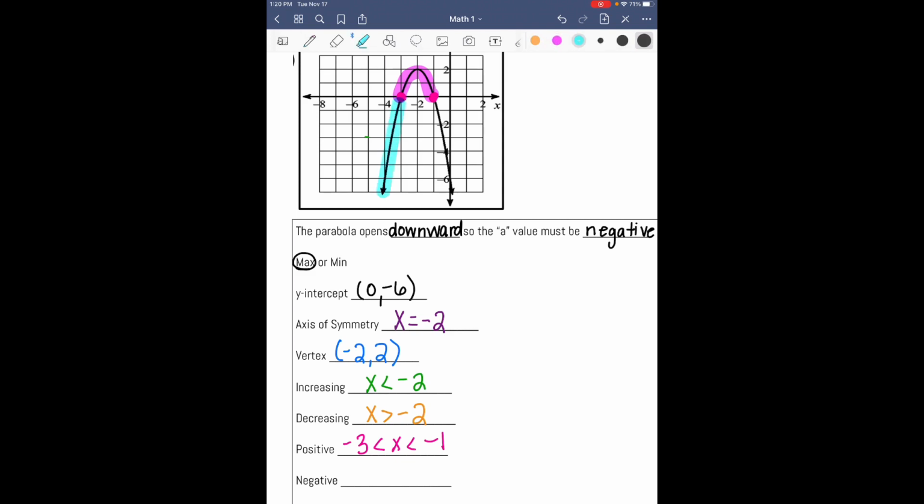And then below the x-axis, I have two separate pieces, where it's going to be negative. So on the left side, it's going to be negative when x is less than -3. And it's also negative on the right side when x is greater than -1.